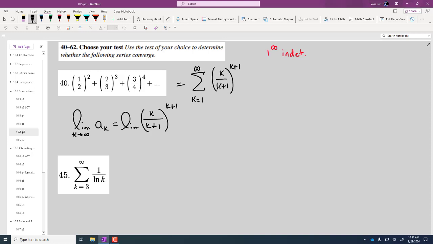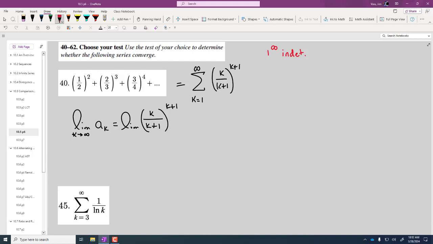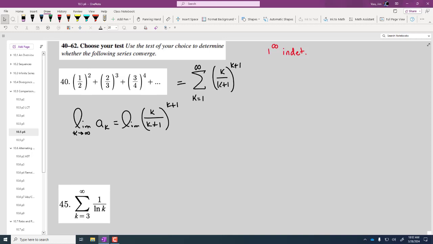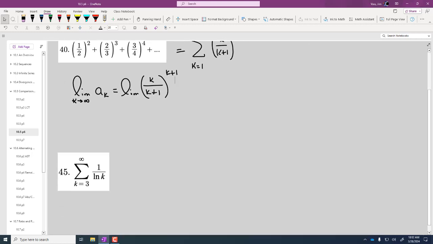Now, we can fiddle with things and try to manipulate it so that it looks like an exponential, some modified exponential. But in general, and you will have to do this on the test, so let's go through the process here, the log limit process. So we're trying to take the limit of all this. So here's how we would do it from scratch.